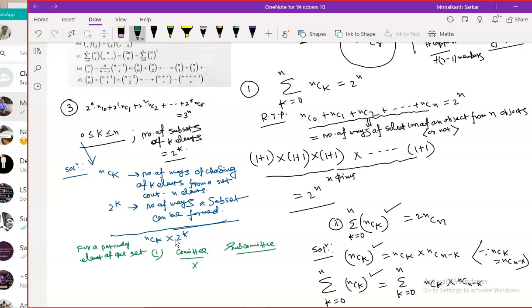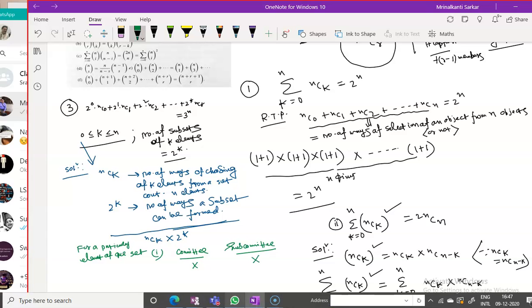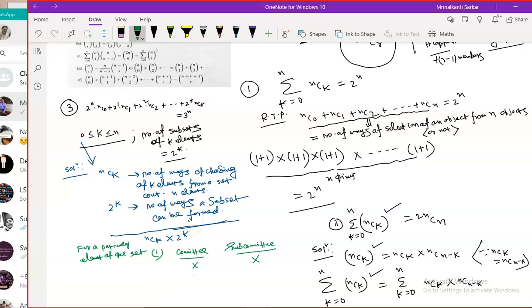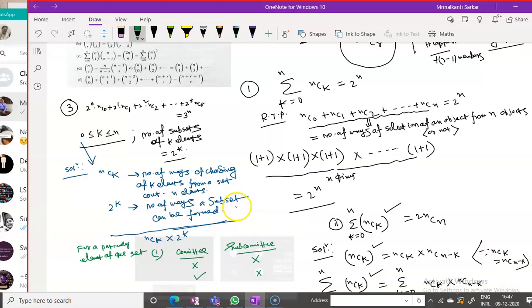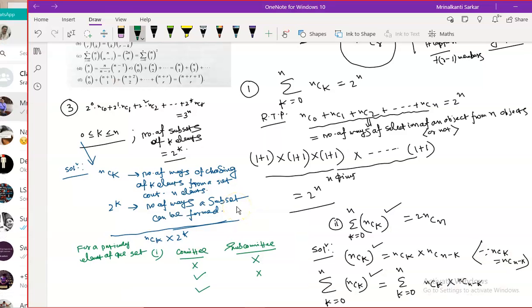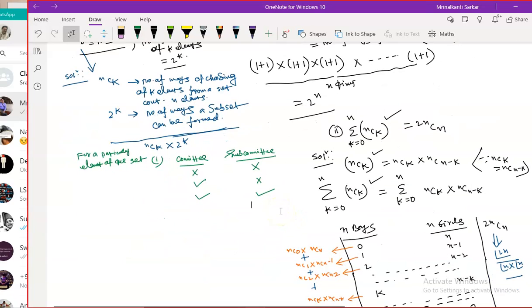He is not belonging to the committee, then not belonging to the subcommittee. What other option can be there? He is belonging to the committee, not belonging to the subcommittee. Then belonging to the committee and belonging to the subcommittee. So for a particular element, we have taken it as subset or subcommittee, whatever. Same thing. So for a particular element, there are three options.